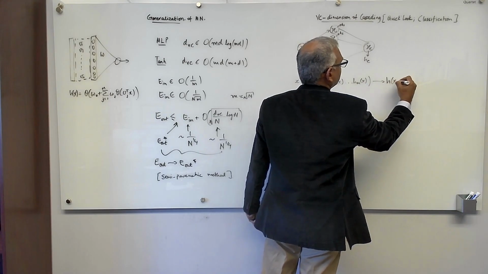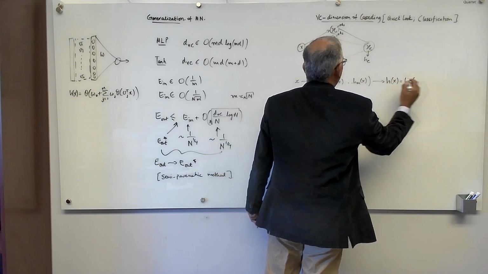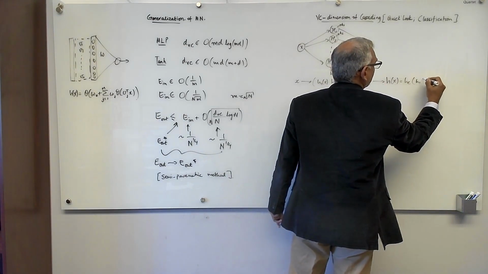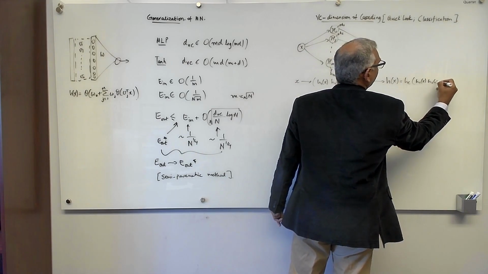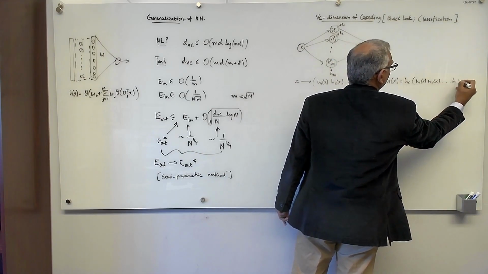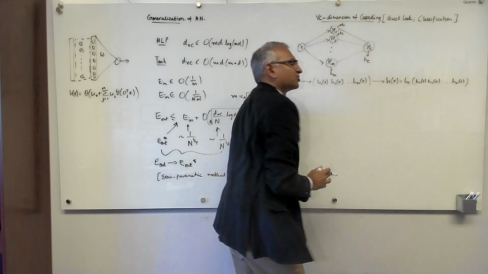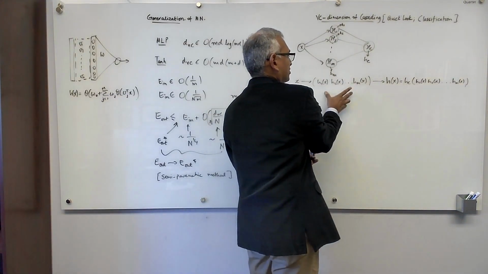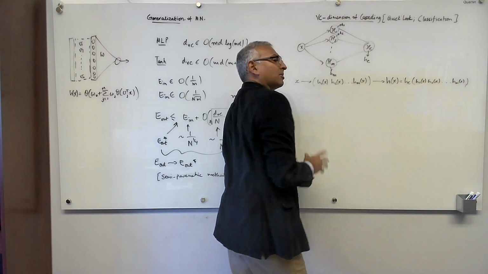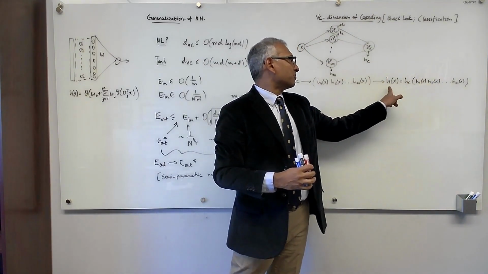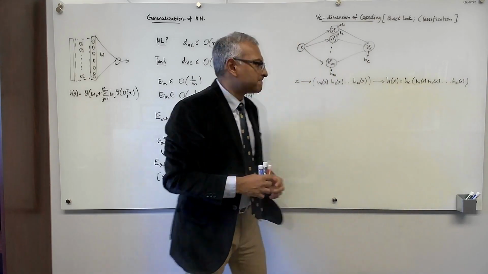So H of X is equal to HC of the vector H1 of X, H2 of X, and so on up to HM of X. So this is the feature transform. You can think of this as I transformed X into a feature, and then I apply my combiner, my cascaded hypothesis, on that feature.